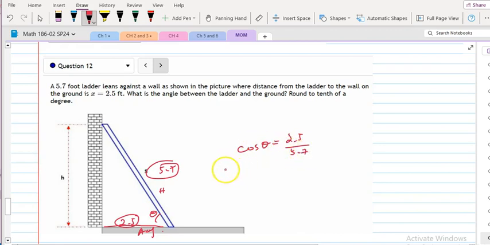Again, I want to get rid of the cosine, so I use cosine inverse on both sides, 2.5 over 5.7. So the cosine is cancelled, and theta will be cosine inverse of 2.5 over 5.7.